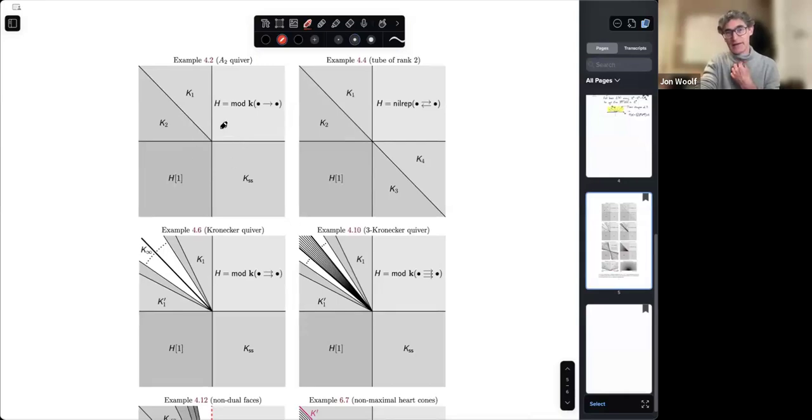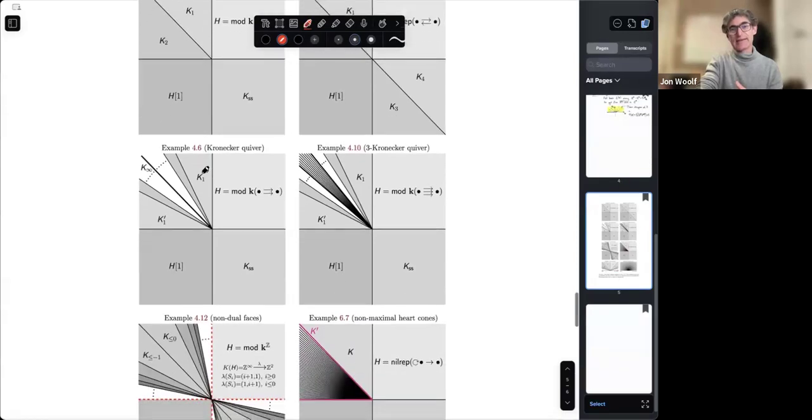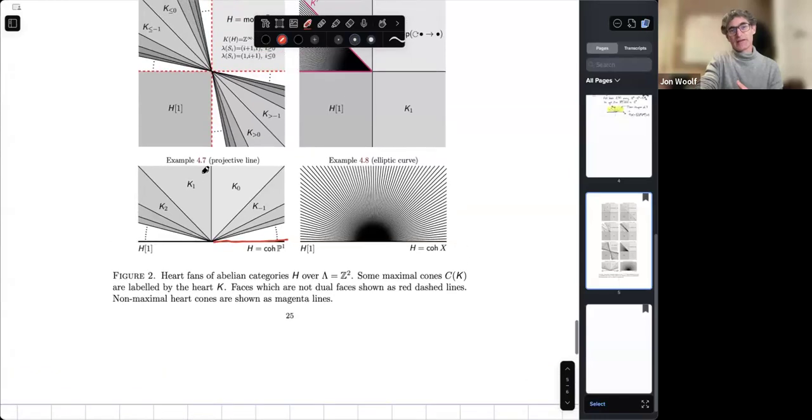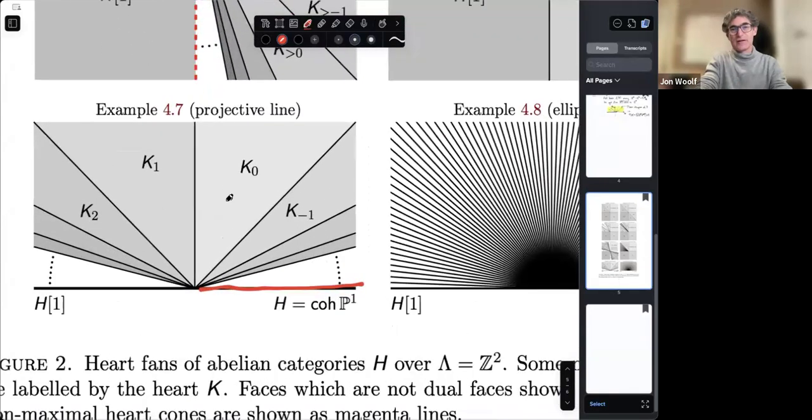So for length hearts, obviously you can basically choose any stability function and it will always give you a stability condition. So you will always have the HN property. And that somehow corresponds to the fact that for a length heart, the heart fan is complete. But if you go to something like the coherent sheaves on the projective line, then here we're very restricted in which stability functions you can choose, because you have to map the imaginary part into the heart cone.